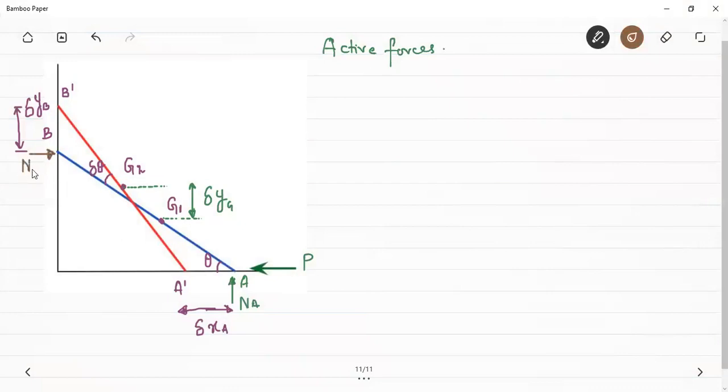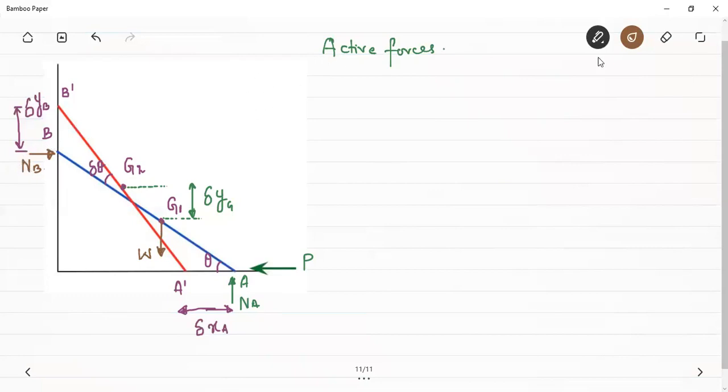Let's suppose that this is equal to NB. And there was the weight force, which was acting in the vertically downward direction. Now this is the complete FBD, and what are the external forces? Remember that I had discussed that we have to see what are the external forces which are contributing towards the virtual work.